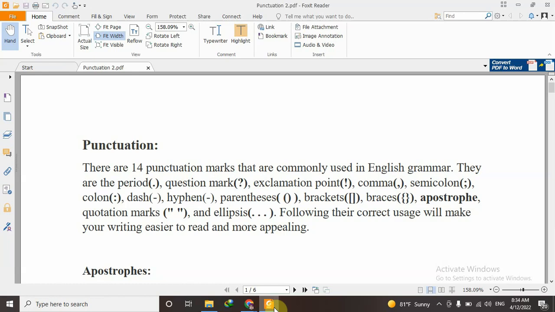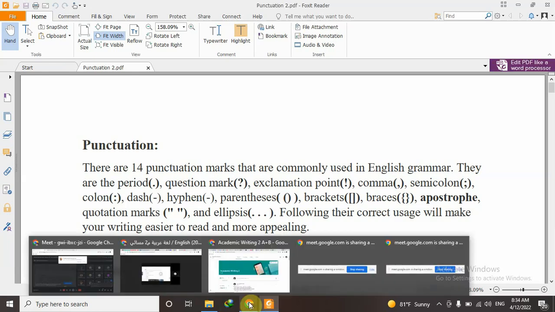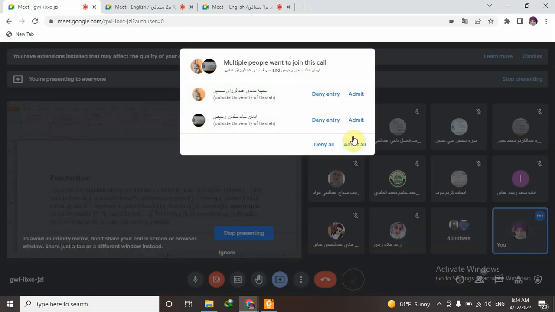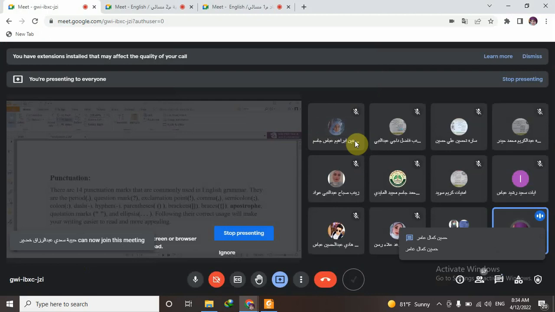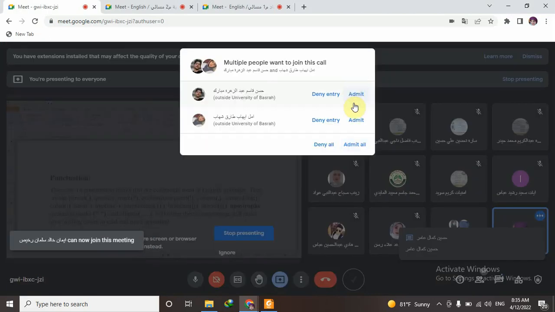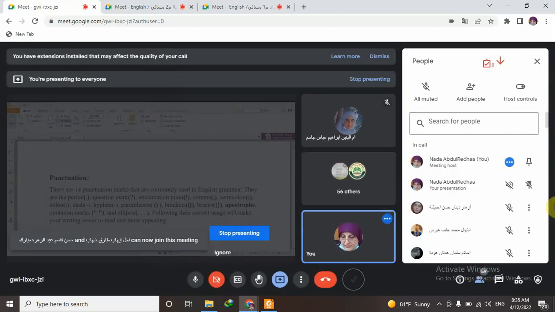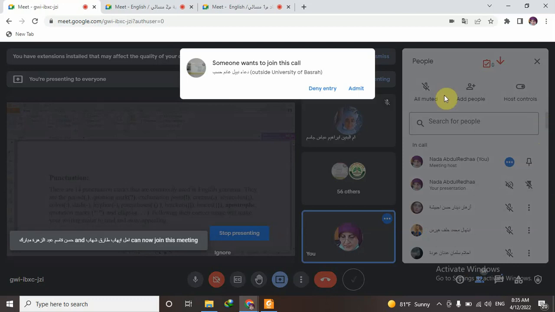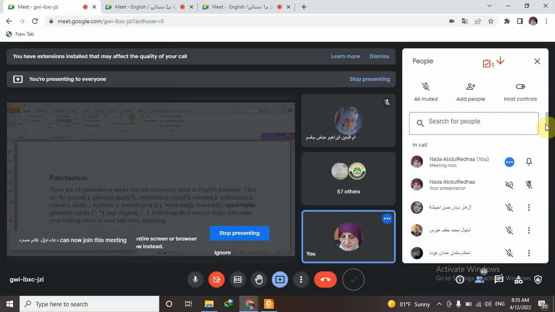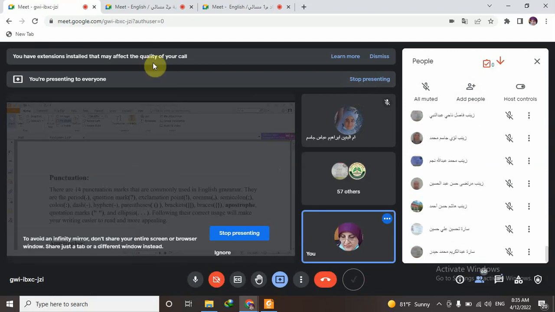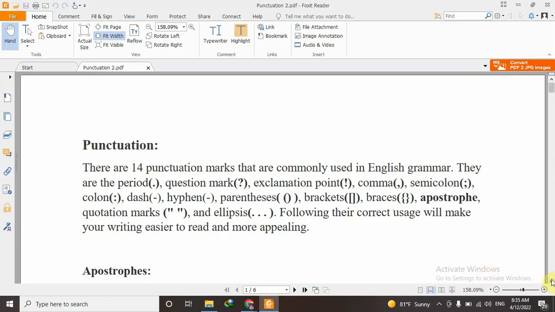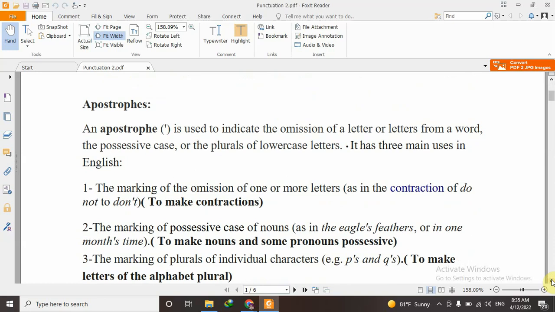They are commonly used in English grammar and they are listed there in the PDF, like the period, the question mark, the exclamation point, the comma, the semicolon, the colon, the dash, and the other ones.